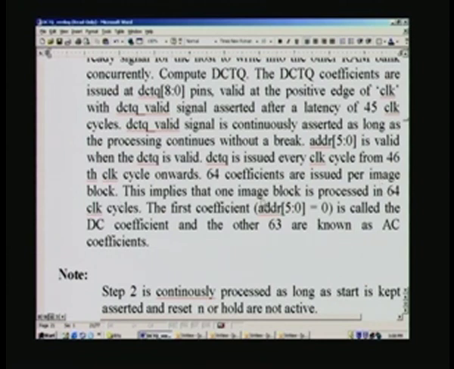This implies that one image block is processed in 64 clock cycles, 64 coefficients in 64 clock cycles. Once again, 64 pixels are there, so you can say that one pixel is processed at the rate of one clock cycle. The first coefficient, that is address 0, is called the DC coefficient, and the others are called AC coefficients, 63 in number.